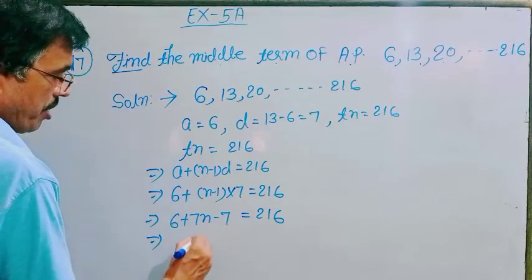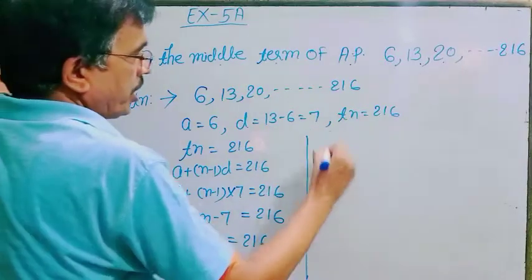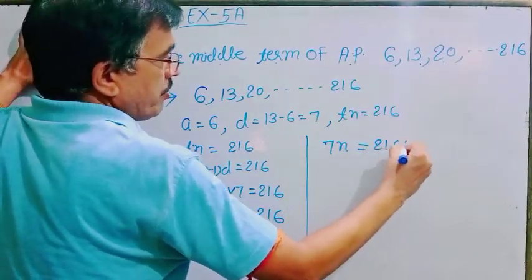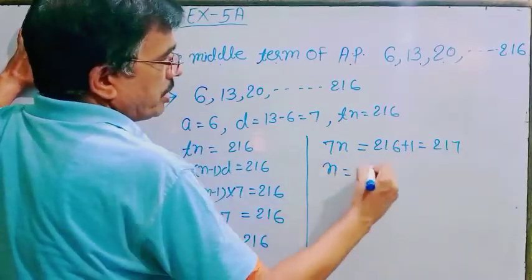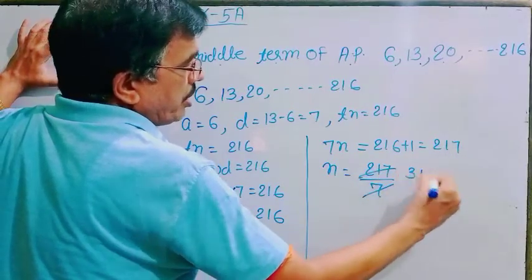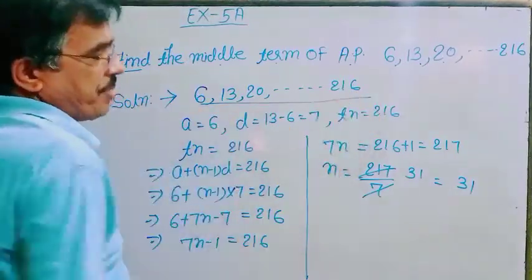Then 7n minus 1 is equal to 216. So 7n is equal to 216 plus 1, that is 217. So n is 217 by 7, that is 31 terms present in this AP.